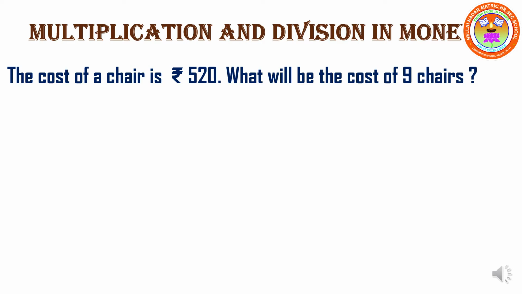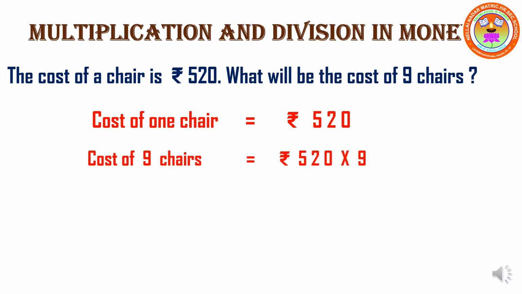So let us write the statement as cost of one chair equal to rupees 520. Cost of 9 chairs is equal to rupees 520 into 9.